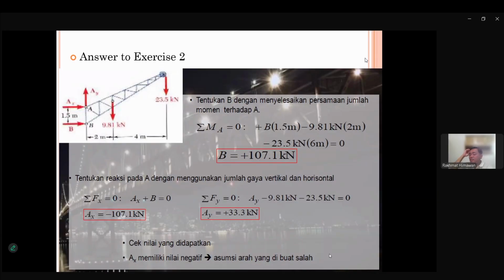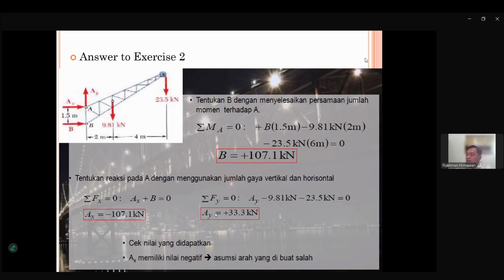That's it. You don't need to change your free body diagram. You just need to put this explanation and it's totally fine. So now we know that AX is 107 and going in the negative X direction.